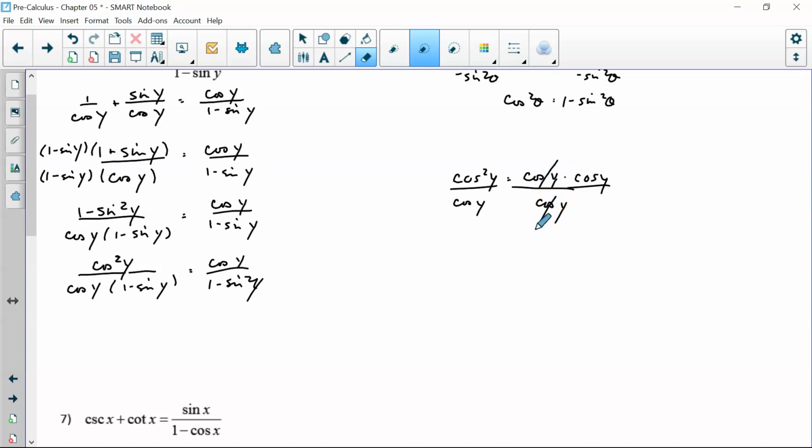So we're left with, in the numerator, a cosine of y over 1 minus sine y. That's exactly what we wanted. And there we go. We just verified that identity.